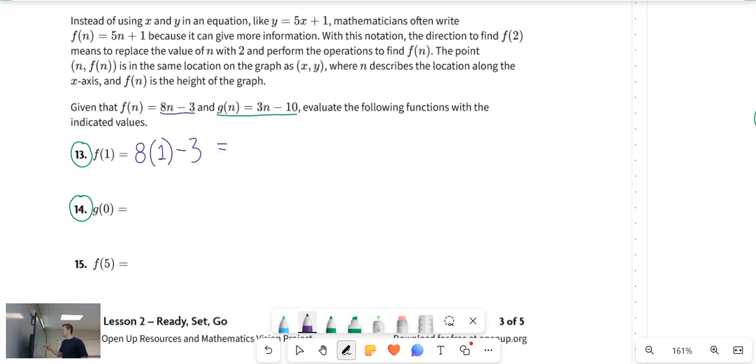Following order of operations, we have 8 times 1, which is just 8. Then we subtract 3, and 8 minus 3 is 5. So 5, and we are done with that.